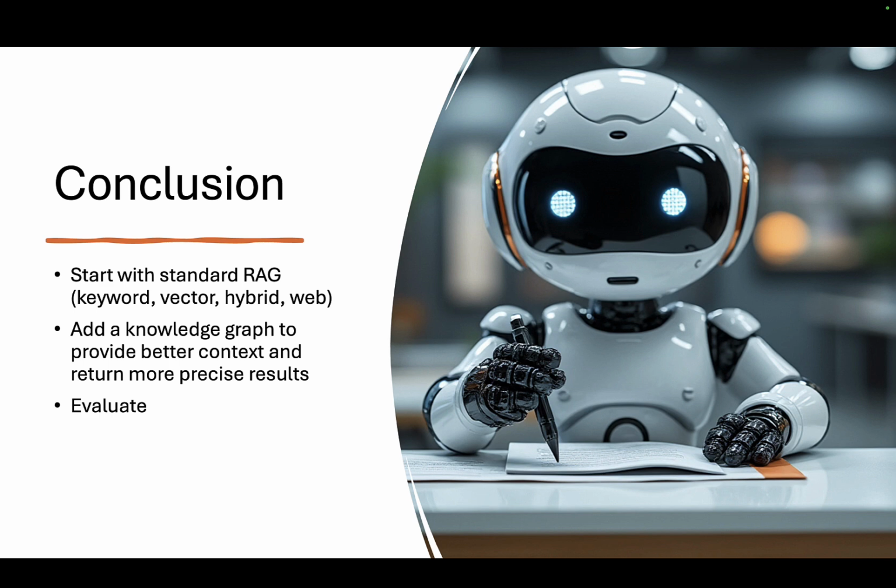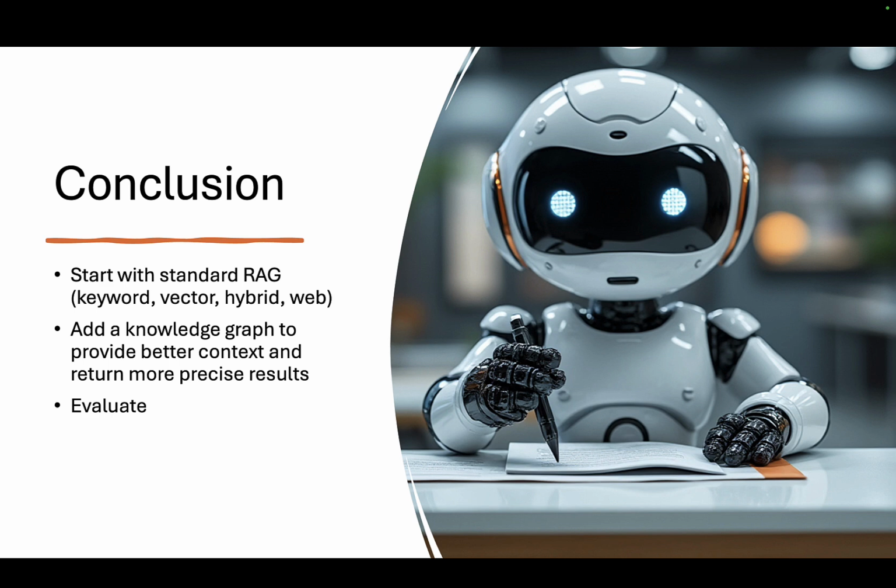Okay, now that you have seen standard RAG, and we focused on vector-based RAG, and you've seen what a knowledge graph can do, especially in this project with local and global queries, what does that mean for your projects? What do you use in your projects? Well, I think for most chat assistants today, you should always start with standard RAG, right?